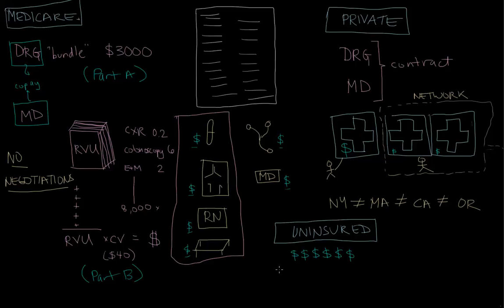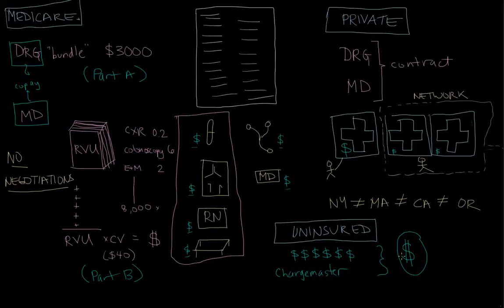And not only that, those prices can be very high because hospitals have often just made those up. Those prices are listed in something called a charge master. And that charge master is the master list of prices, and they're very high. It can be like $8 for a pill of Tylenol, like $100 for an x-ray, and all those charges get added up into a big bill. One of the great difficulties of being uninsured is not only do you not have an insurance policy that covers you, but the actual prices you pay are very, very high compared to private insurers and Medicare.